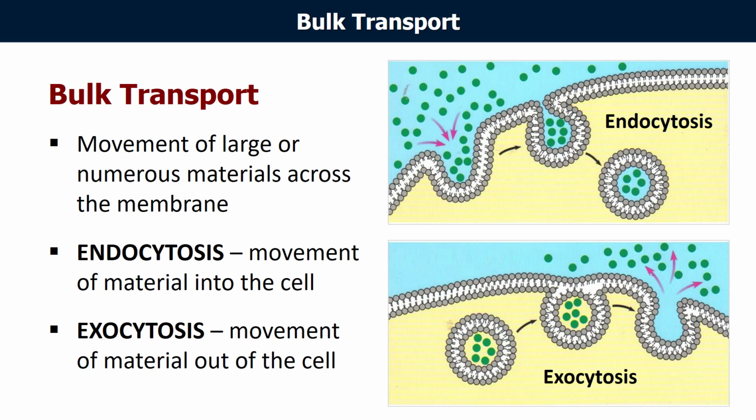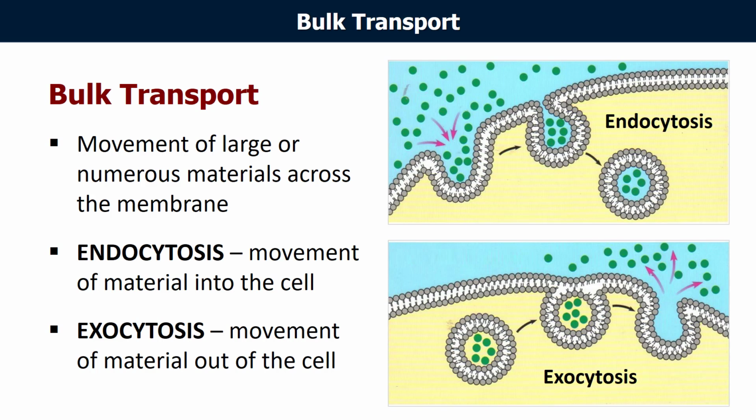Now look at exocytosis in the bottom figure. We've got a vesicle full of something, maybe insulin, protein, or something that needs to be secreted. And as that vesicle moves towards the plasma membrane, it just sort of melts into it and spills its contents out. But notice that the interior vesicle has now melted into and become part of the plasma membrane.